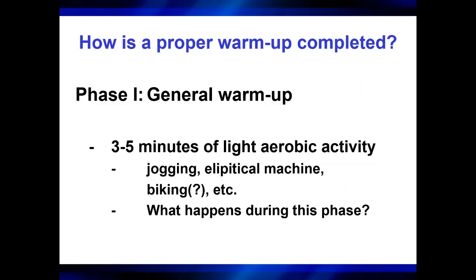One thing to remember, just jumping back one slide here: if you're using an exercise bike for your light aerobic activity, and you're planning to use your upper body during whatever it is you're going to be doing that day, you want to make sure you're moving the upper body, pumping those arms while you're riding on that exercise bike. If it doesn't have handholds that allow you to move your upper body, you still want to make sure you're moving it, because generally with an exercise bike, all you're moving is your legs.